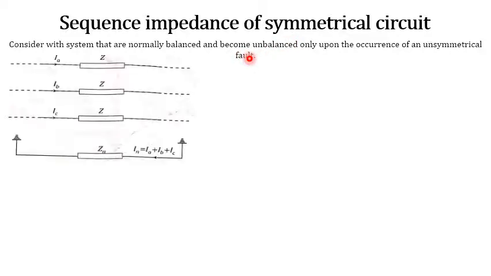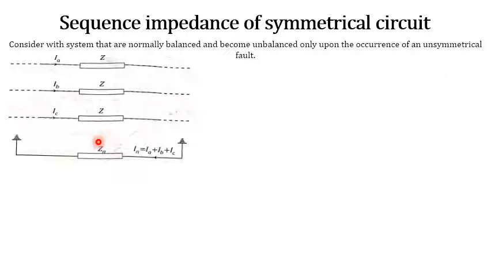Let us consider the system with three phases, currents Ia, Ib and Ic, circuits A, B, C, and the return path, that is the neutral, having impedance Zn.